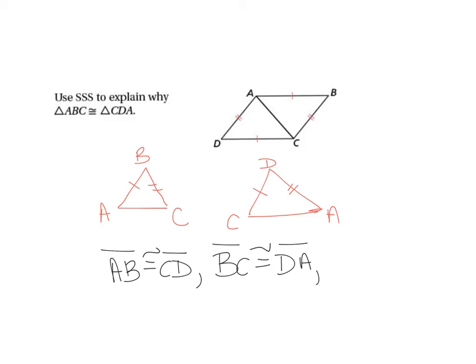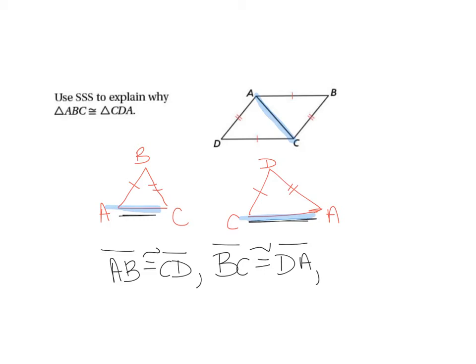And then I need to see about the third side. Well, AC and CA, if you look, they were actually the same line. AC is AC or CA. They're the same exact line. So these pieces were the same line. It's shared. It's actually called the reflexive property of congruence.